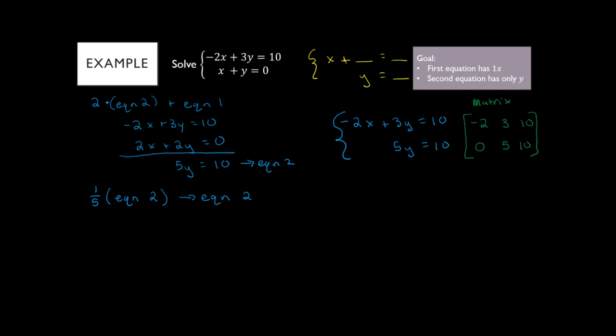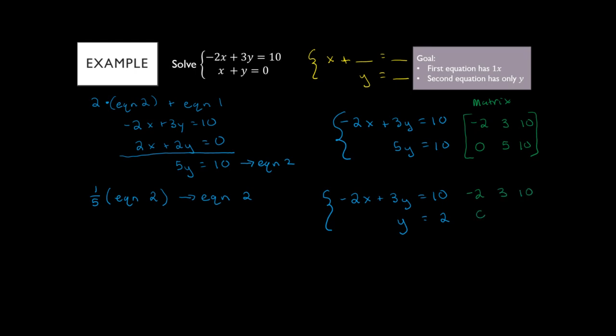Generally that multiplication step is easy enough to do in your head, so then you rewrite it. We're not touching the first equation at all here, and we end up with y equals 2. If you were doing this with a matrix, again, you're just looking at coefficients.